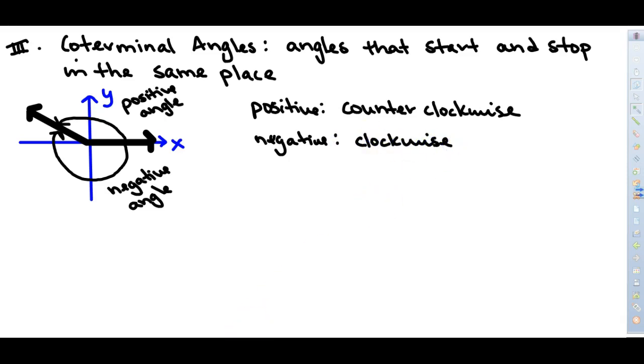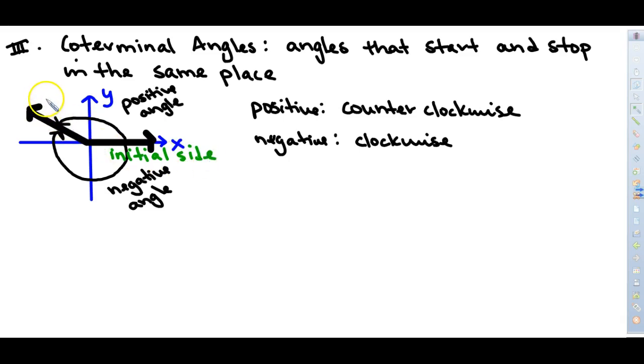Do you see how both of these angles started here and ended there? So these two angles right here, that positive angle and this negative angle, they're coterminal angles. Now this particular side right here where the angle started, which is on the positive x-axis, is referred to as our initial side of the angle.